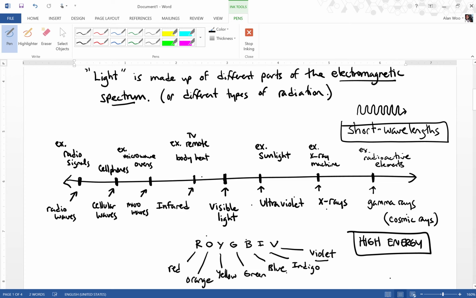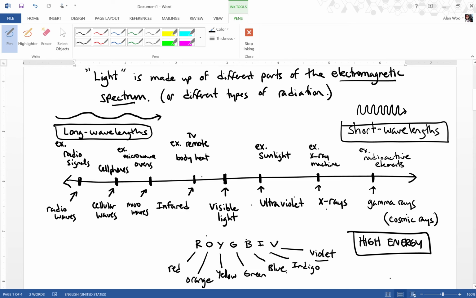Right? So these waves here are very long waves, right? So they have a long wavelength. So visually, you would stretch out the wave so that they're much longer.